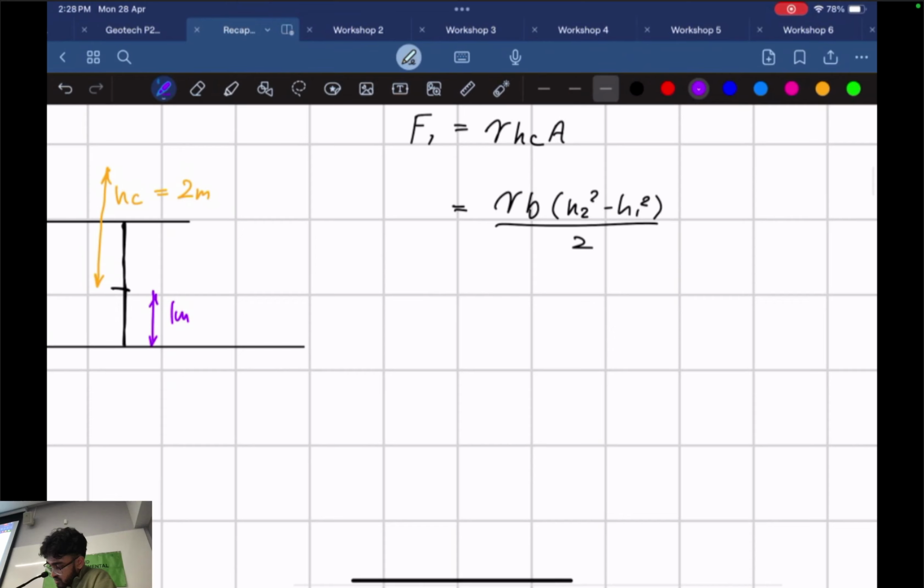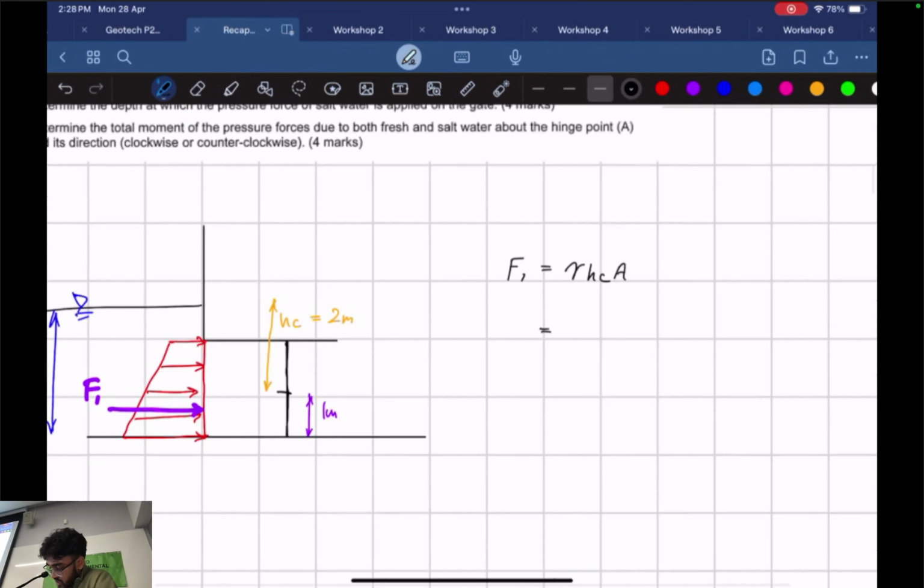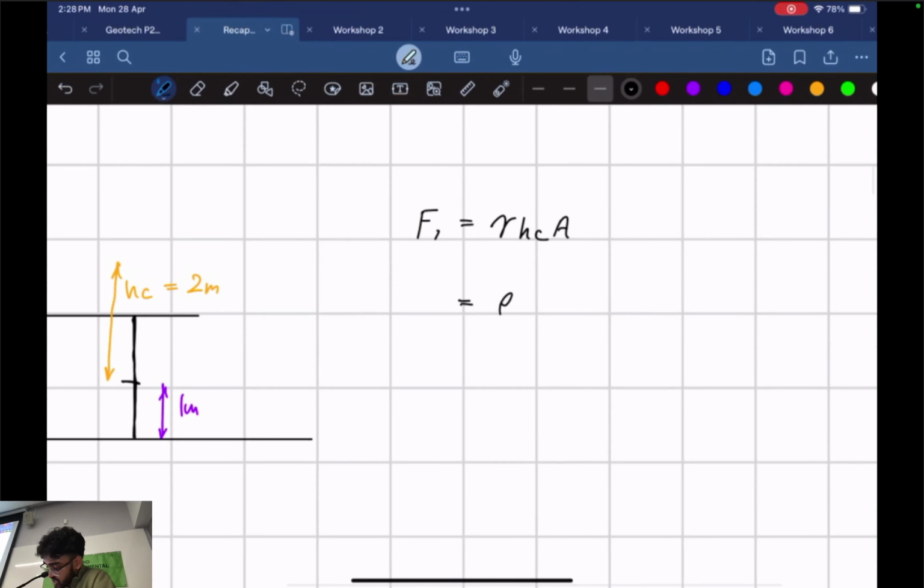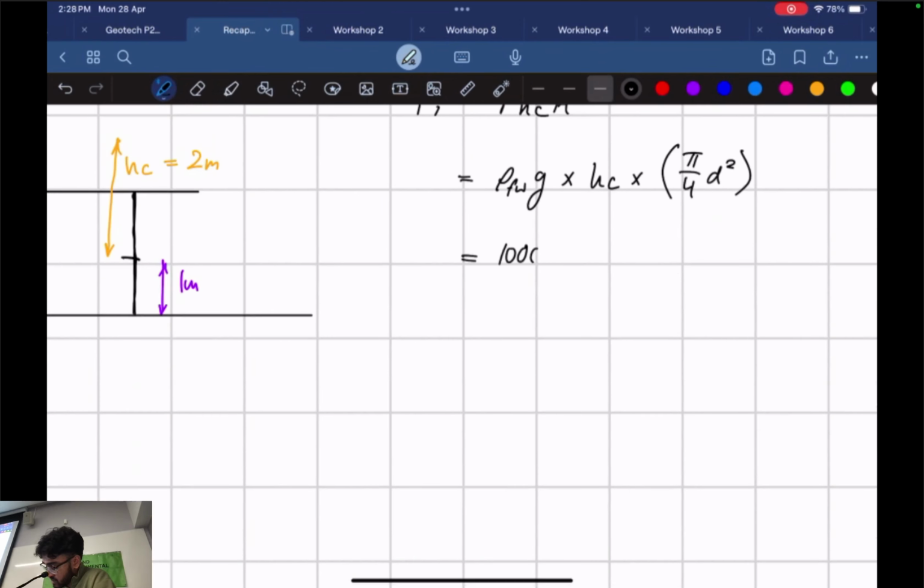I'm going to use the top one. So our gamma is going to be rho g of freshwater, times gravity, times HC, times the area of the gate, which is pi on 4 d squared. So the density of freshwater is 1000, times 9.81, times HC, which is 2, times pi on 4 times d squared.